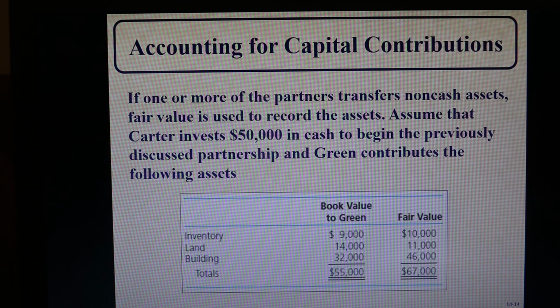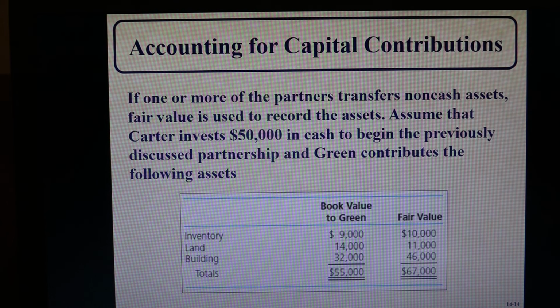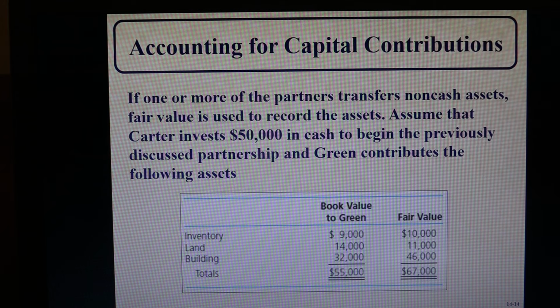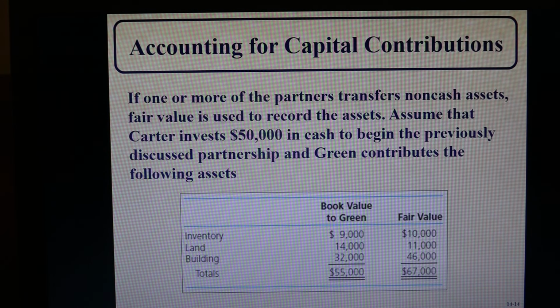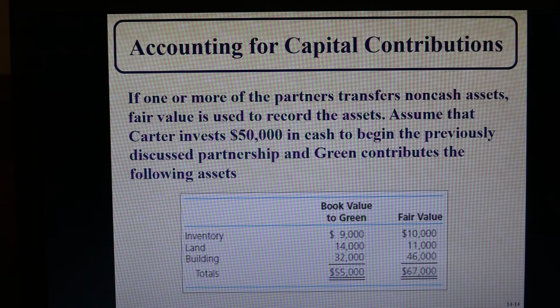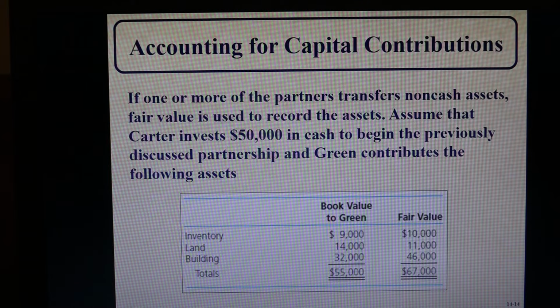And the quick answer is you use fair market value, because when someone contributes cash, I mean, everybody agrees that the fair market value of cash is whatever the face value is. In our previous example, it was $50,000.